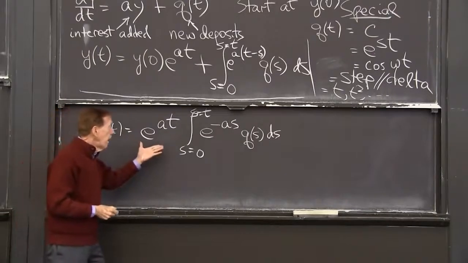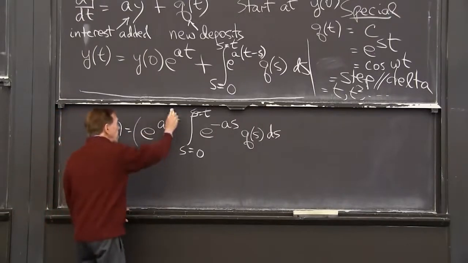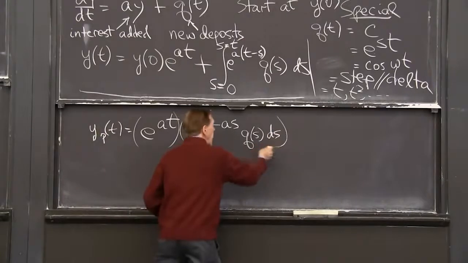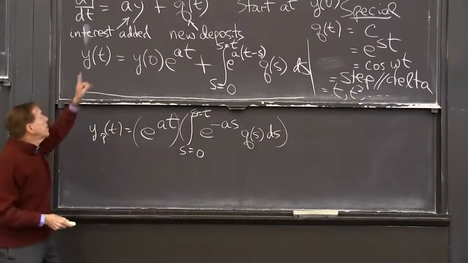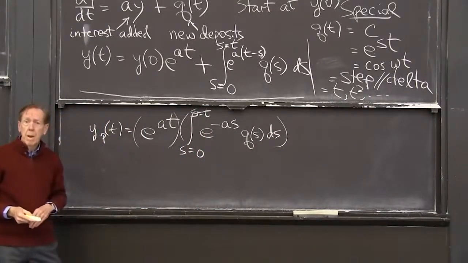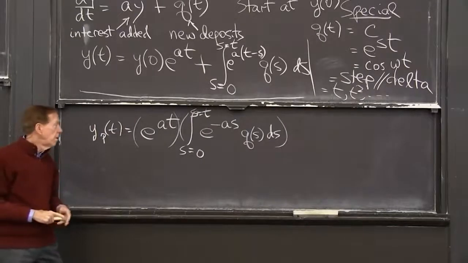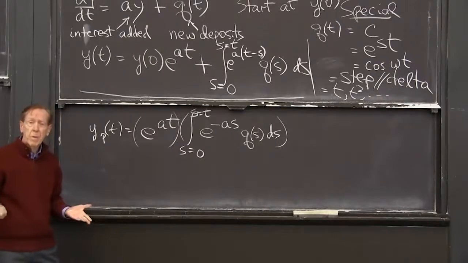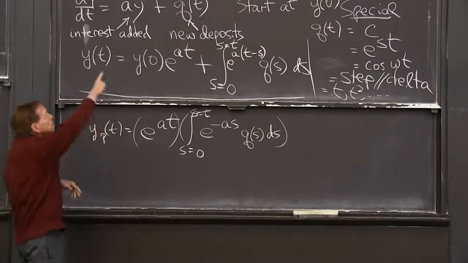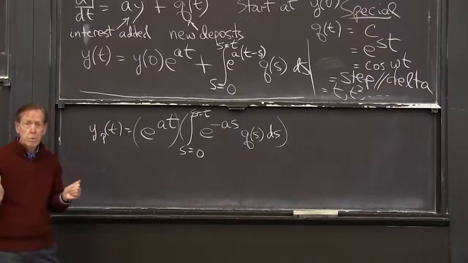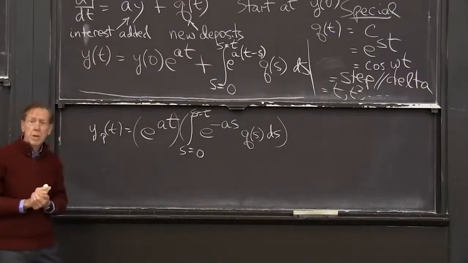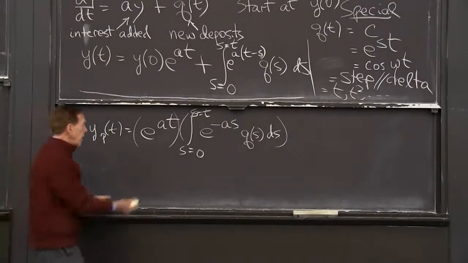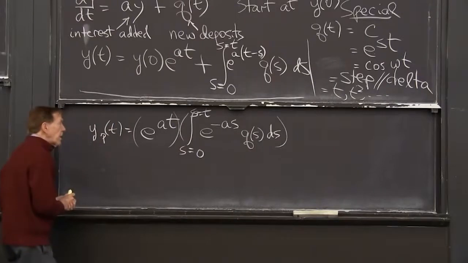Okay, this is a product of one term times another term. And when I put it into the differential equation, I'll use the product rule. So the derivative of that product will have two terms from the product rule. And those two terms will be, if all goes well, the two terms in the differential equation. So can I take the derivative of this by the product rule?